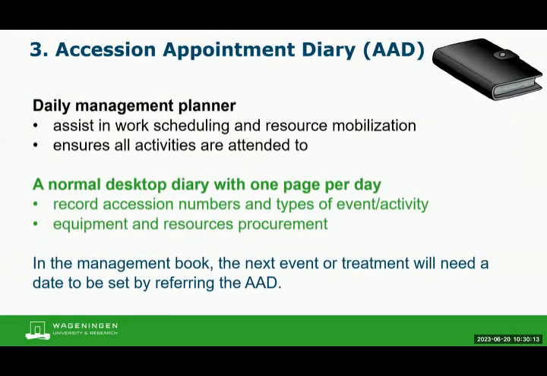Then I'm coming to the third document, and this is the most simple thing. It is called the accession appointment diary. It is nothing but a desktop planner. It's a calendar. Whatever information was there in those cards, a person just jots down so that the person knows every day what things need to be done.